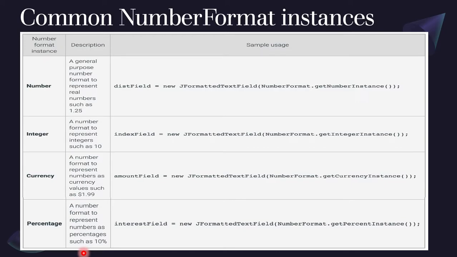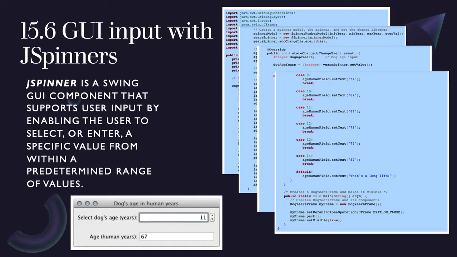Next we have JSpinner. Essentially this is also a Swing component. It enables the user to select the input within predetermined ranges.